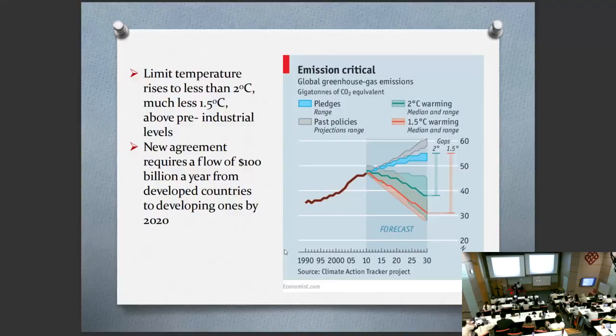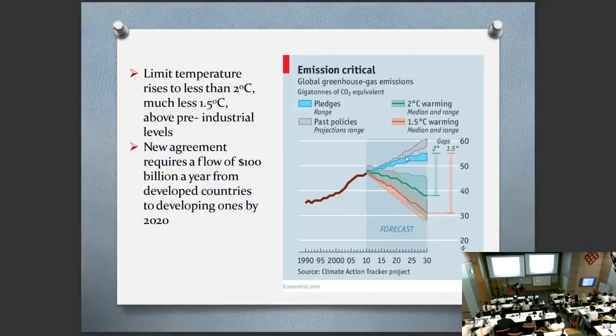This diagram gives you the amount of greenhouse gas emissions related to the limit of temperature. So this is the year. We are currently in 2020.